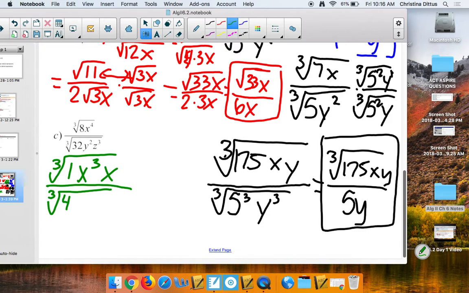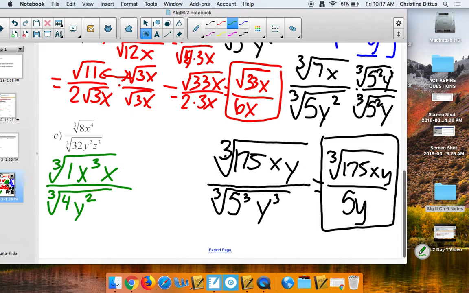Can I do anything with my y squared? No. Is there any point in breaking it down? No, because I'm not going to be able to pull it out since 2 is less than 3. So I'm going to leave my y squared. Same with z, which is already to the third.